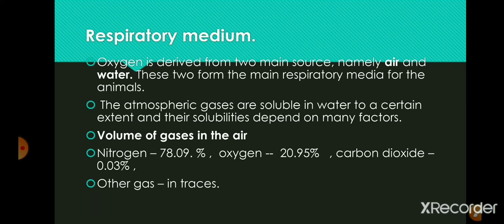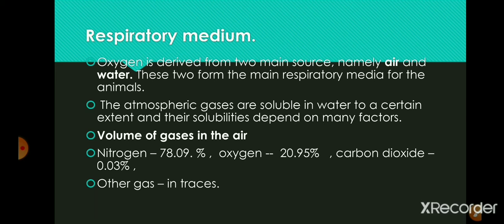The oxygen requirement is different for different animals. It is generally expressed in ml per kg per hour. Many factors such as body size, activity, and temperature influence oxygen consumption in animals. Generally, mammals and birds consume larger amounts of oxygen when compared to lower vertebrates.